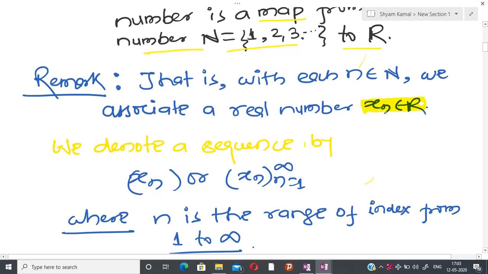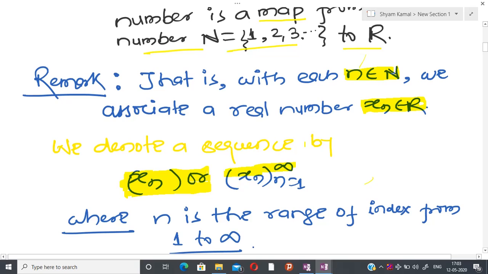I have a natural number, and I am going to map it to a real number. In this way we are defining the sequence. If we talk about the notation, we are defining it like this. Either you can denote it like this, or you can denote it like this.